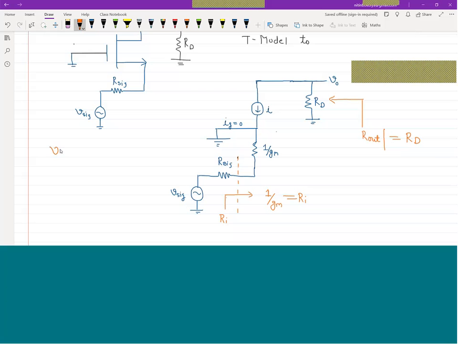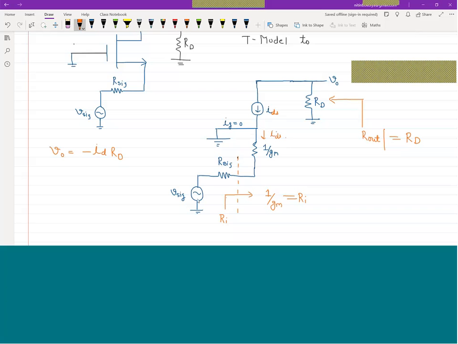So can I say V out is equivalent to minus IDS times RD, and this current is 0, so the same IDS current flows from here.